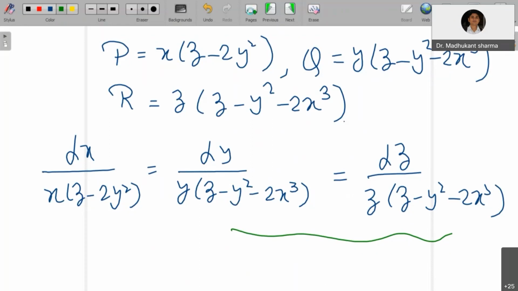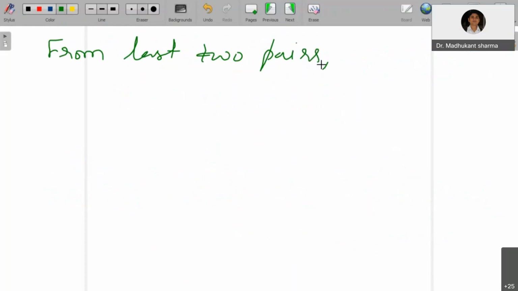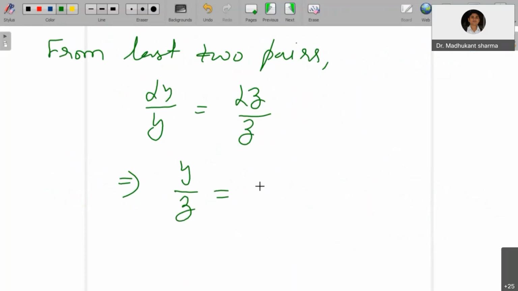So from the last two pair, we have dy by y equals dz by z. The other factor gets cancelled. If you solve it out, this will give ln of y equals ln of z plus constant, so y by z equals some a. So you got u equals y by z.